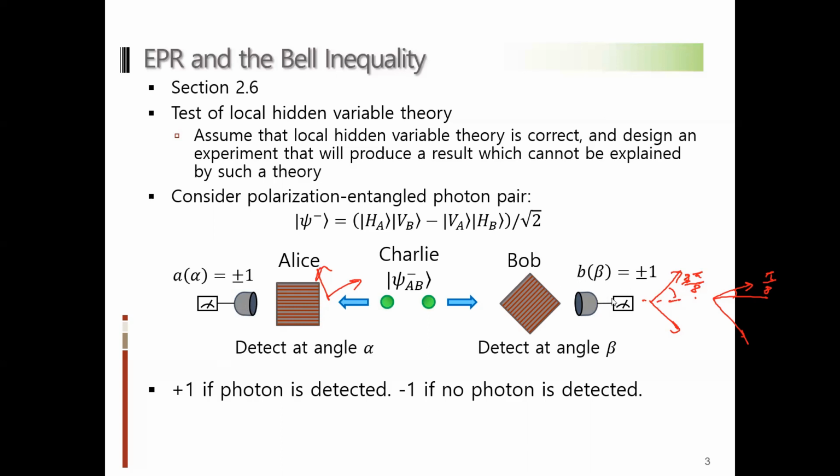Similarly for Bob, whenever he measures the transmitted light, he will declare +1, and when he does not measure, he will declare -1. They will repeat the same type of measurement over and over many times.